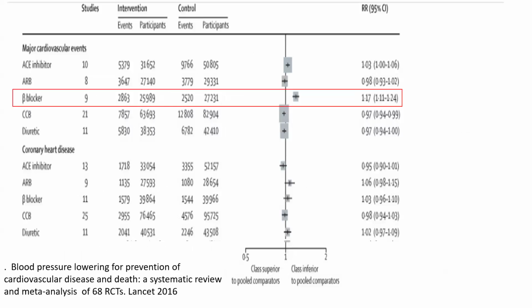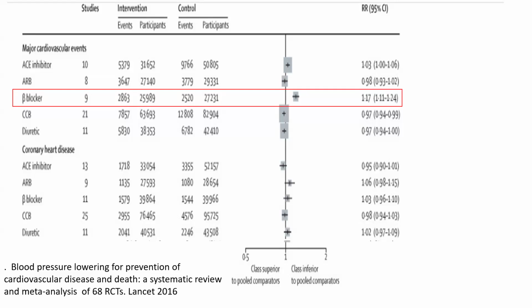And this is a systematic review and meta-analysis of 68 randomized controlled trials. The major first-line agents, the ARBs, the ACE inhibitors, the beta blockers, the calcium channel blockers, and the diuretics, have similar cardiovascular outcomes when compared to each other.